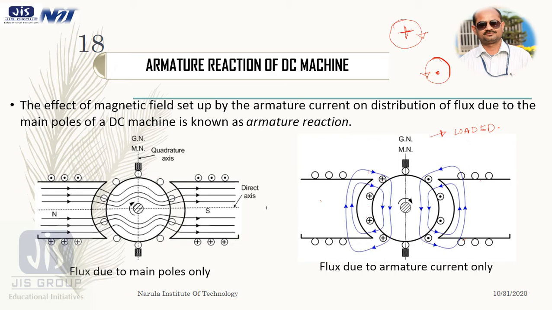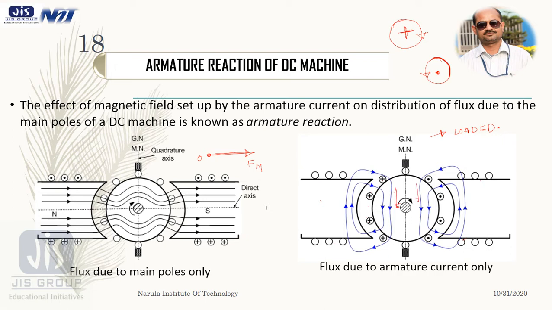Similarly for this cross current. So if we look, the main field flux is acting along this axis, so this is my main field flux. And for cross current, the direction is this.